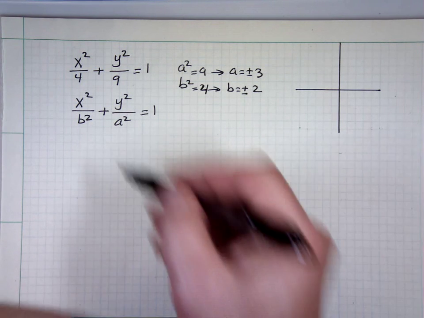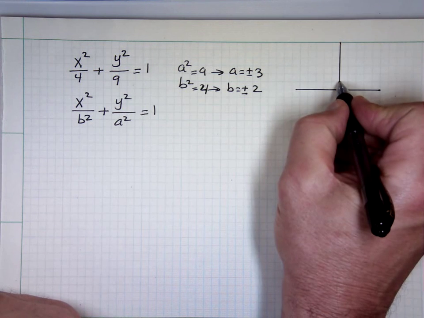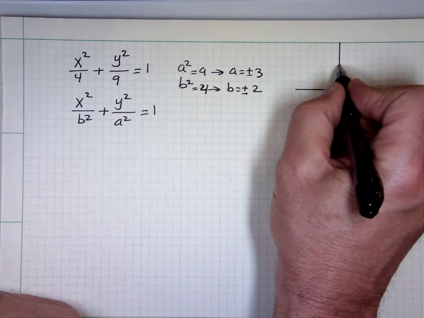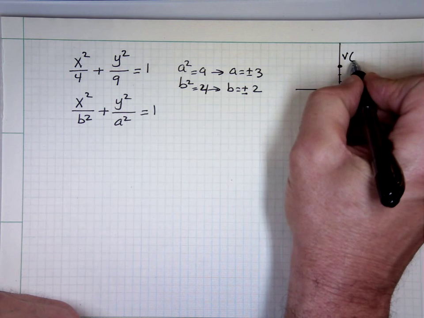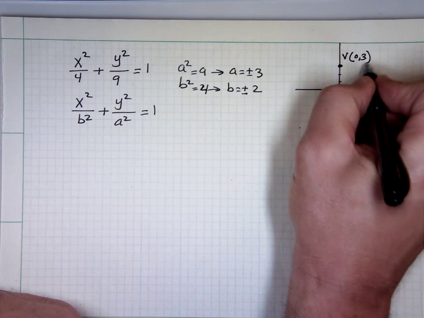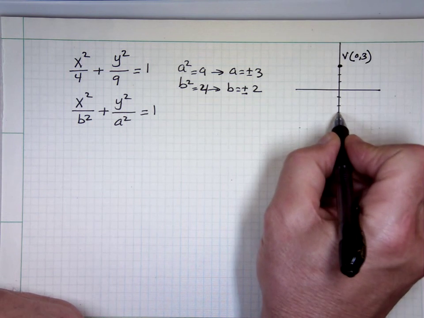Again, this is along the y-axis, the longer side. 1, 2, 3. That's your vertex, (0, 3). That's the other vertex.